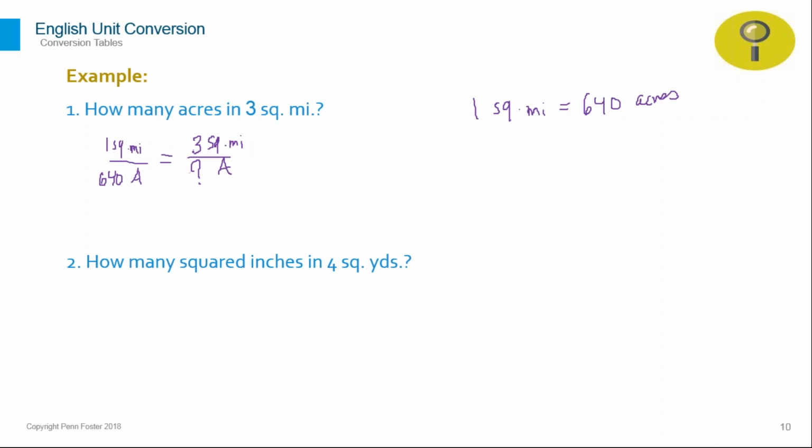Solve the proportion, cross multiply and divide. The number of acres in 3 square miles equals 3 times 640 over 1, which is just multiplying. So simply multiply 3 times 640, and that will give you the number of acres: 1,920 acres.